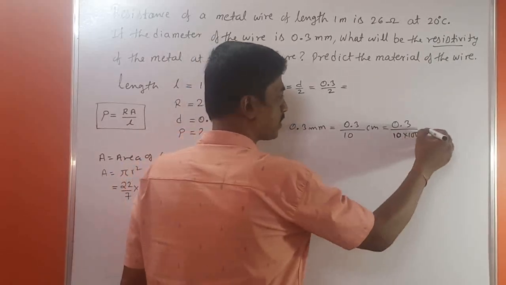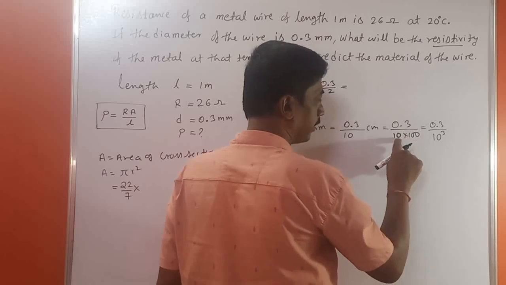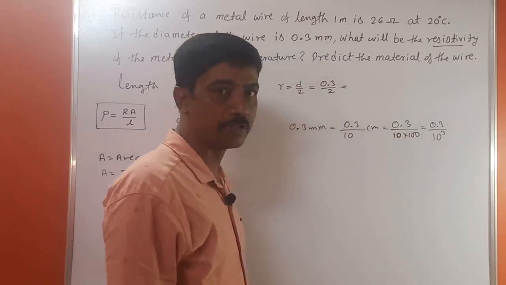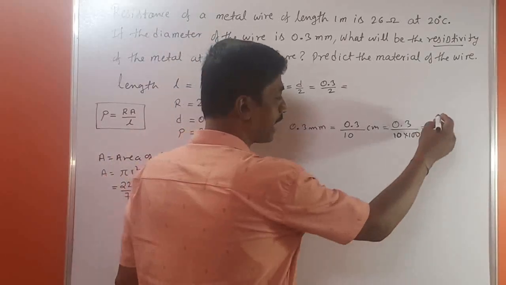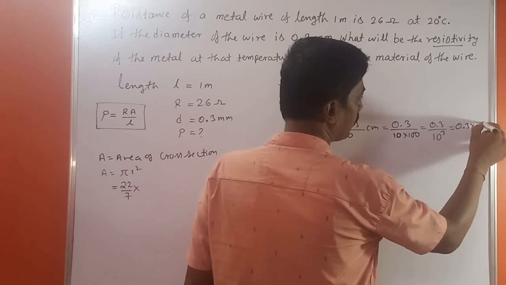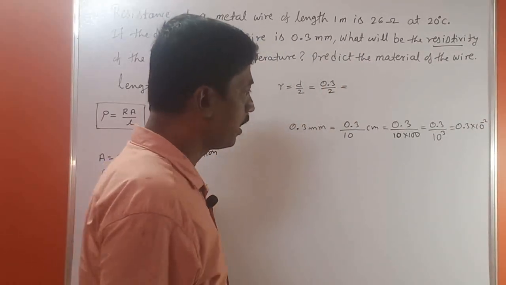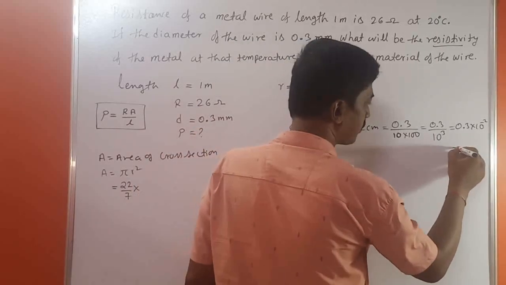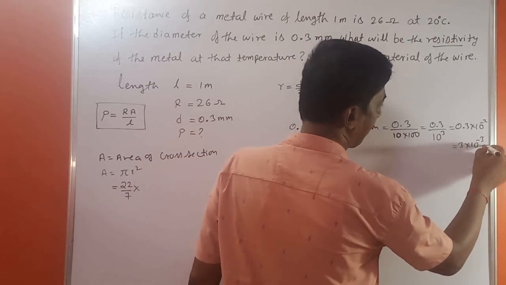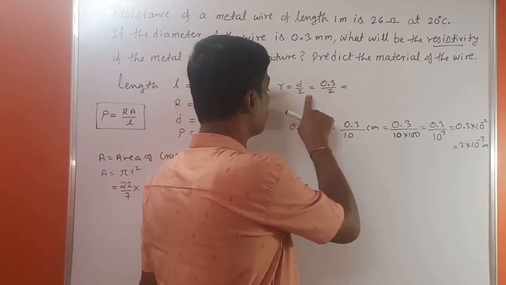So this becomes 0.3 by 10 to the power of 3, that is 10 into 100, that is 1000. 10 to the power of 3 is 1000, which I can write as 0.3 into 10 to the power of minus 3. You know very well the laws of exponents. And further I can simplify that as 3 into 10 to the power of minus 4 meters.